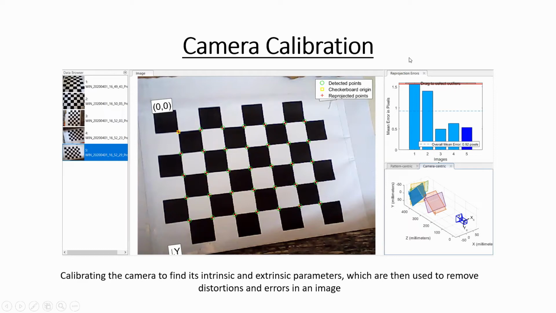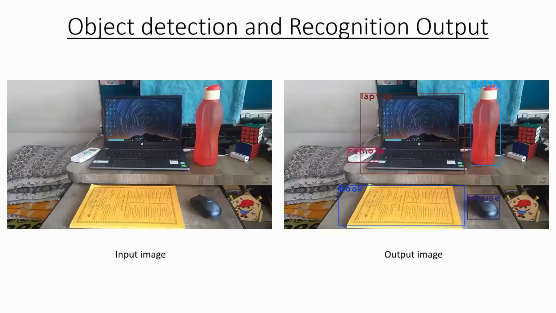After calibration of our camera, we move on to object detection and recognition. For this, we use the YOLO algorithm, which stands for You Only Look Once. This works using the MS COCO data set, which contains up to 80 items like cats, dogs, cars, buses, etc. This algorithm works on convolutional neural networks and TensorFlow.